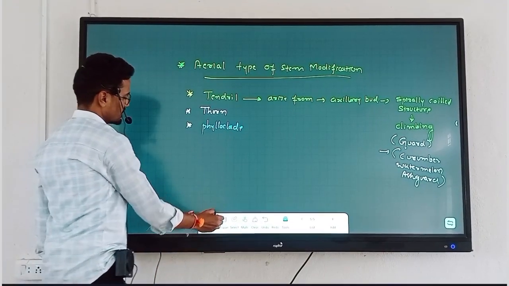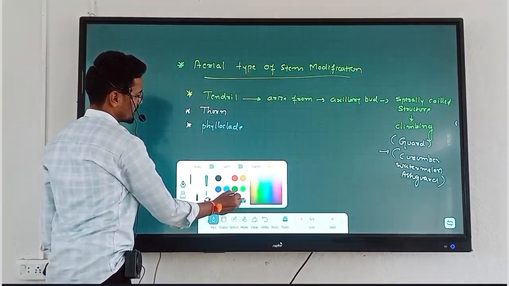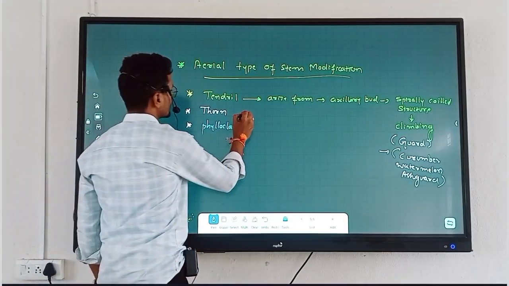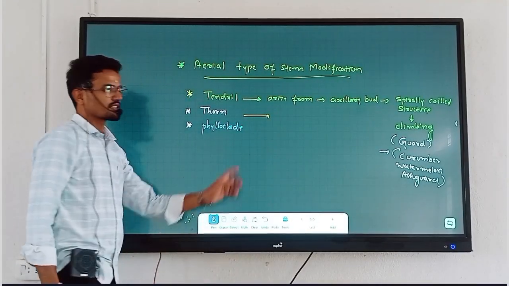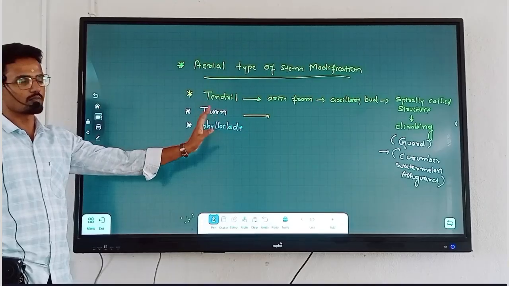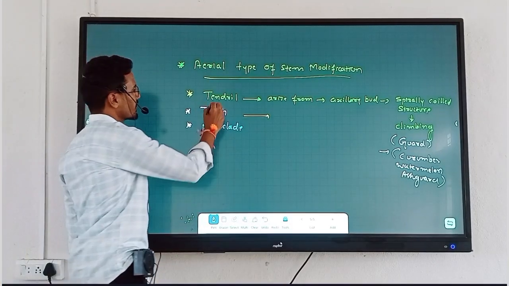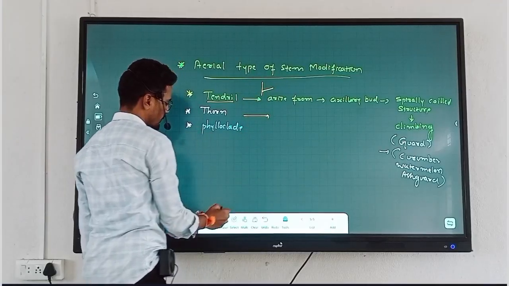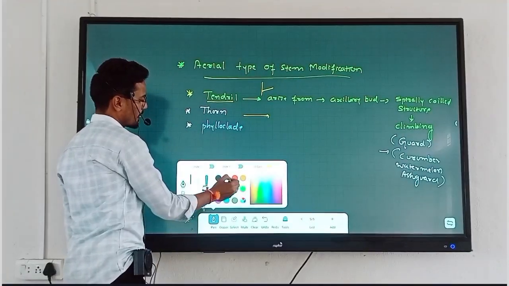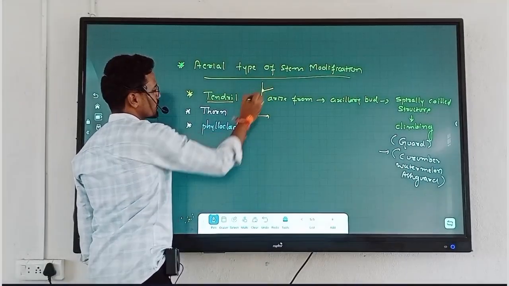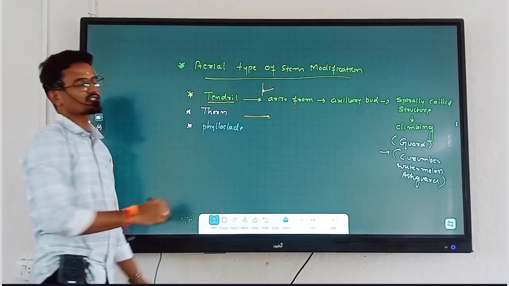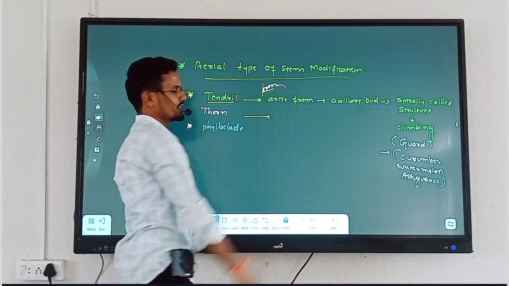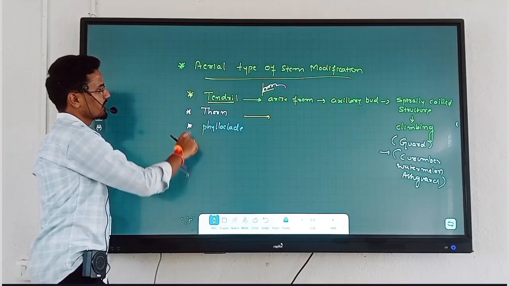Okay, next, another type of aerial stem modification is thorn. Here the axillary bud, which would normally form a branch, instead forms a tendril in the case of tendrils.